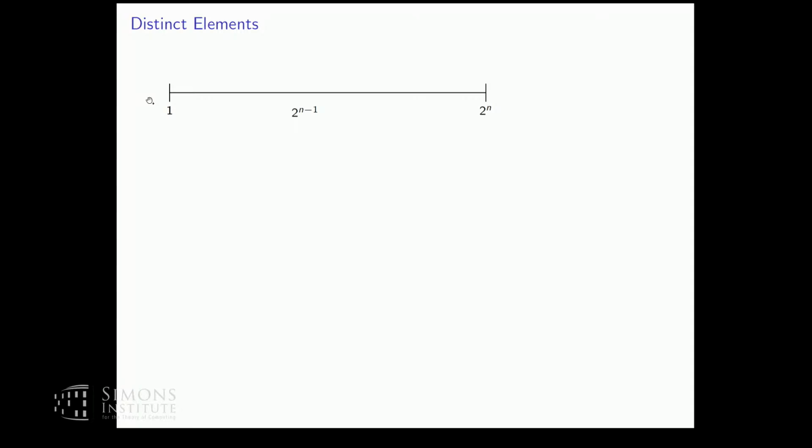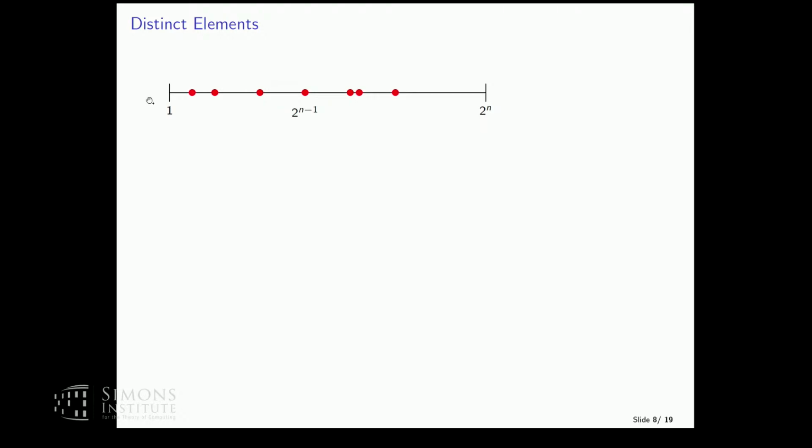If you just throw one ball, what's the expected position for this ball to fall in? Halfway, right? There are no trick questions here. It's supposed to be a talk before lunch. So if you have many balls and you keep throwing, then some will fall on this side, some will fall on that side.